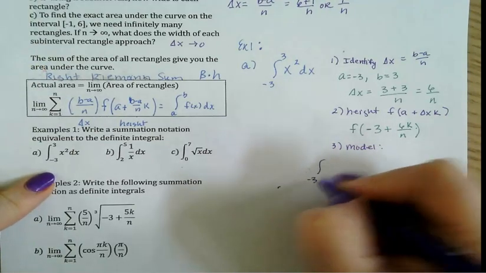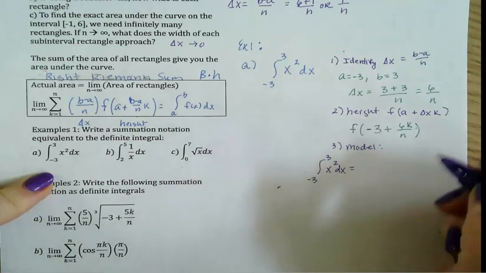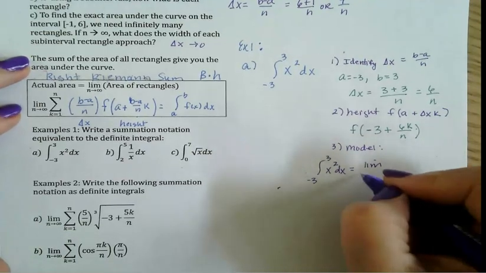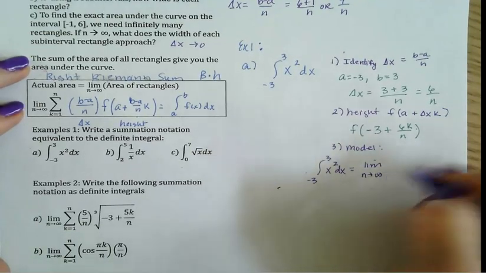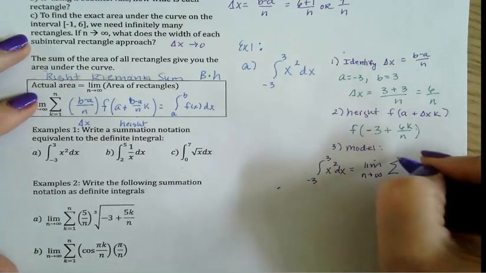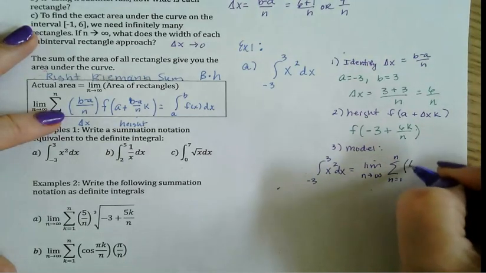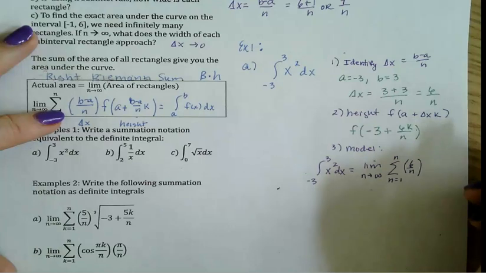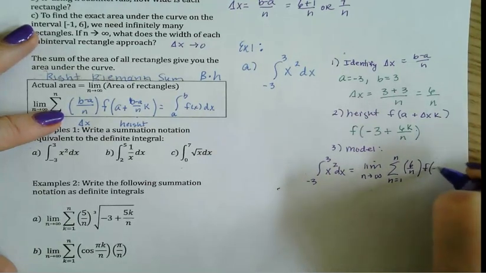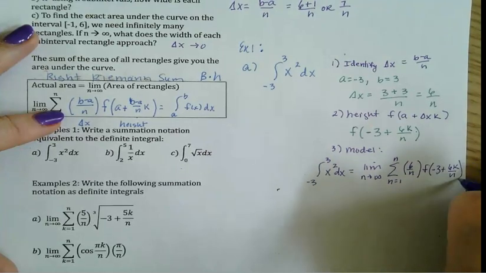So that's from -3 to 3 of x squared dx is going to equal, we have our limit notation, n approaching infinity, of sigma notation, where k equals 1 to whatever our n is going to be. And then our width is 6 over n, and our height is f of -3 plus 6k over n.